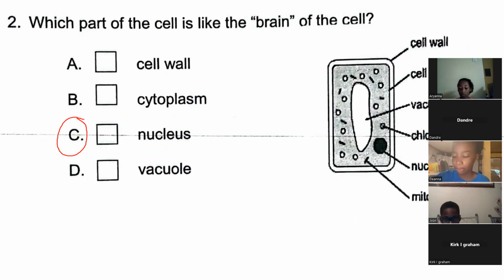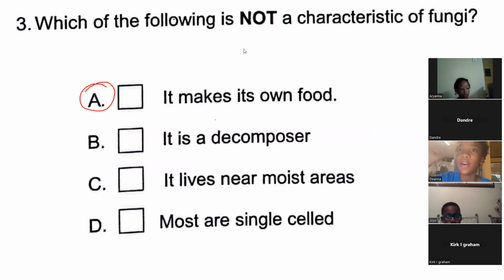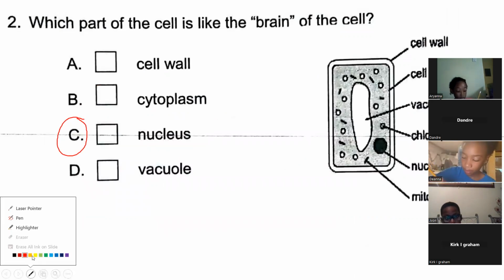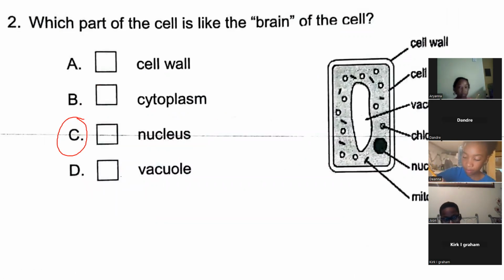Go ahead, Kendeja, for number 2. Which part of the cell is like the brain of the cell? A. Cell wall. B. Cytoplasm. C. Nucleus.